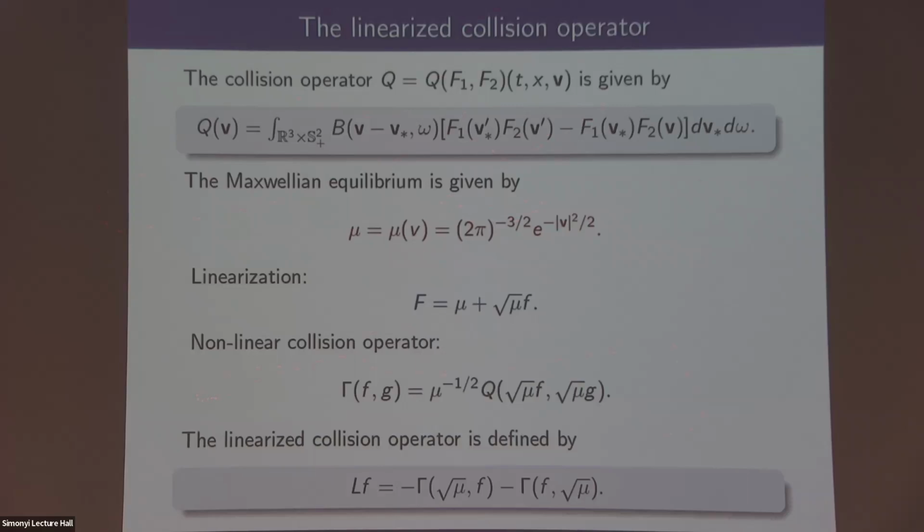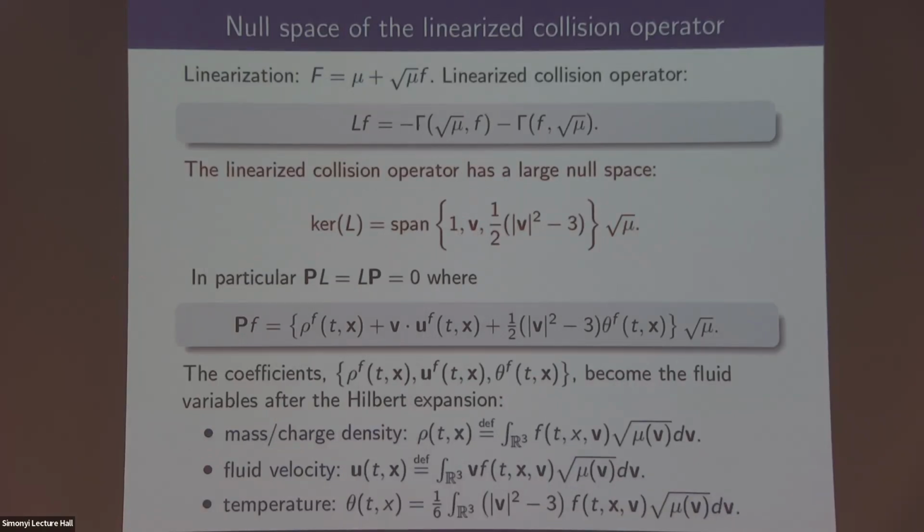The nonlinear collision operator becomes Gamma(f, g) equals 1 over square root of mu times Q(square root of mu f, square root of mu g). And then the linearized collision operator becomes L of f equals minus Gamma(square root of mu, f) minus Gamma(f, square root of mu). I could have written it in terms of the Q, but it's nicer to look at if you write it in terms of the Gamma. You do this linearization and you get that linearized collision operator.